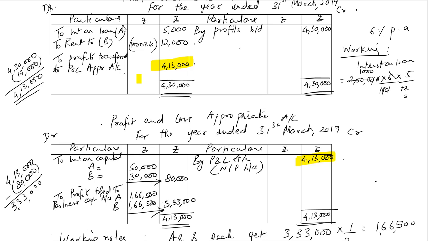The charges have been debited to the profit and loss account, and the profits have been transferred to the profit and loss appropriation account. Interest on capital is debited, being an appropriation, to the profit and loss appropriation account, and balance profit is divided in the profit sharing ratio, which is equal.